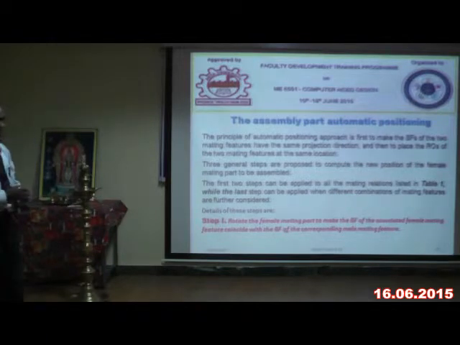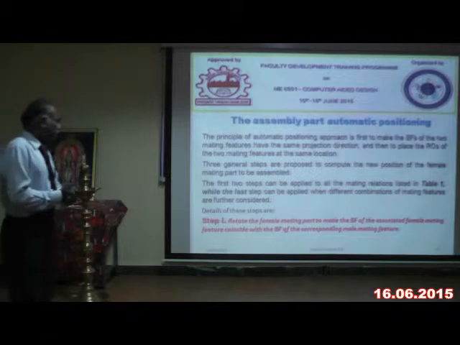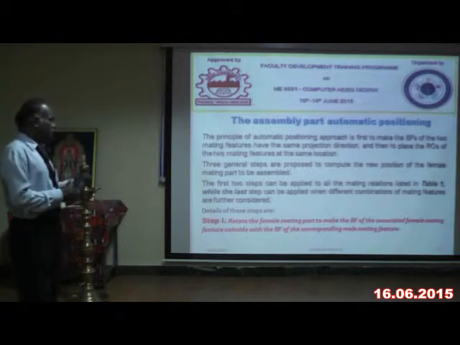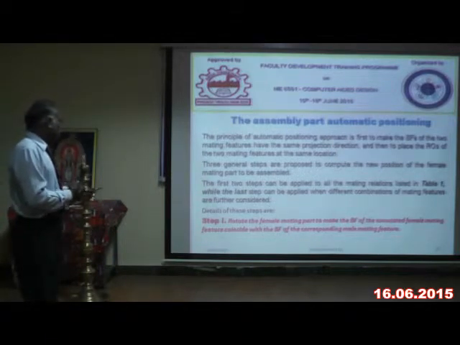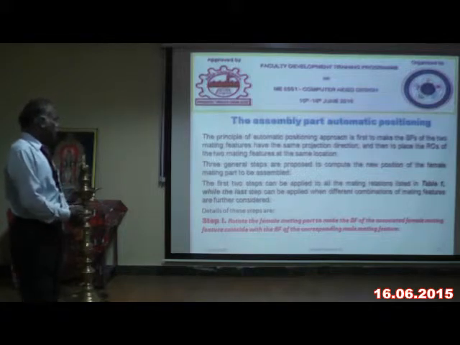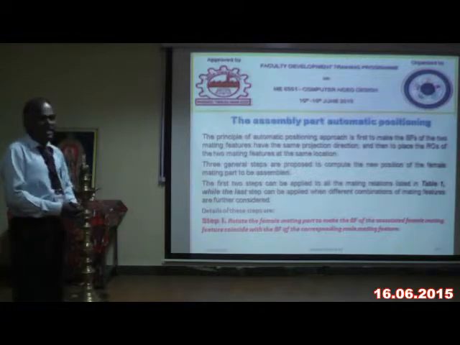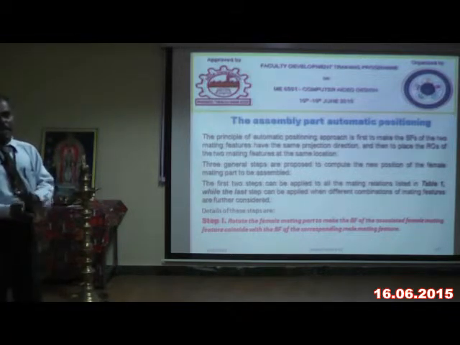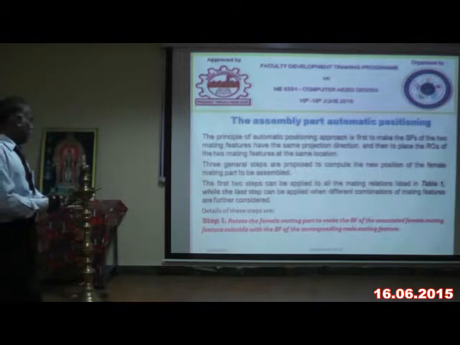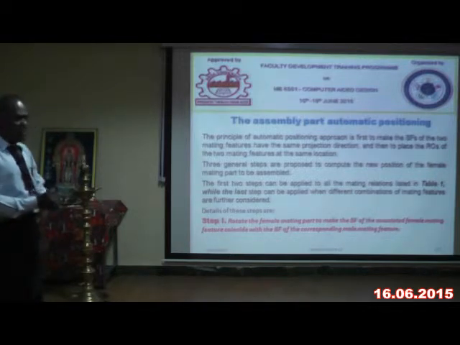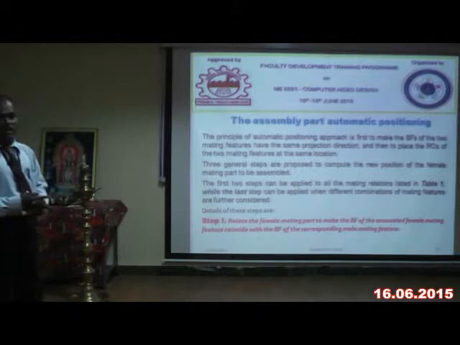The first two steps can be applied to all the metric cases listed in step 1, while the last step can be applied to a different combination of metric features, that is align and plug points. Step 1 details: rotate the female mating part.